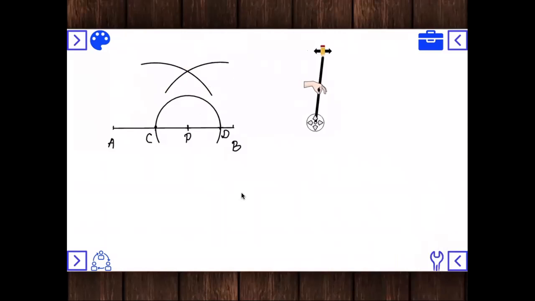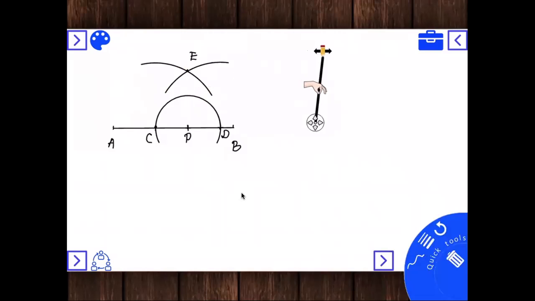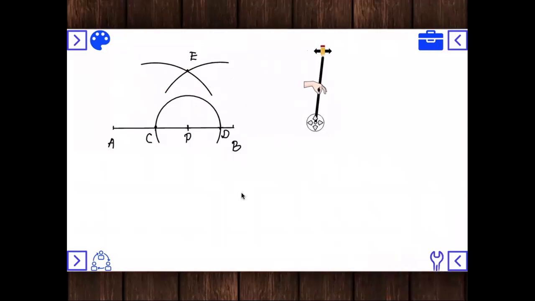And now we join these 2 points. Let's call this intersection E. And now we join these 2 points, PE. Okay.